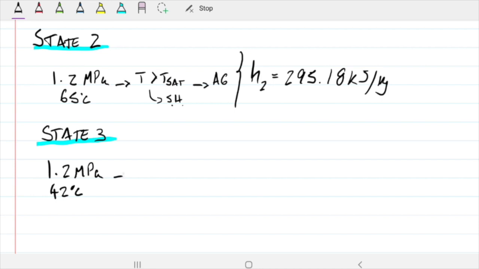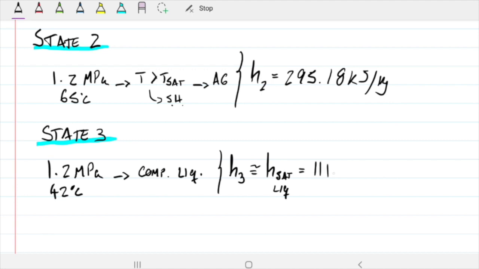For this one, we'll find that it is a compressed liquid. So that means I'm going to go to my temperature table. We know that's more precise. And I'm going to do my H3, which will be approximately equal to my h at Tsat liquid, and that's 111.28.